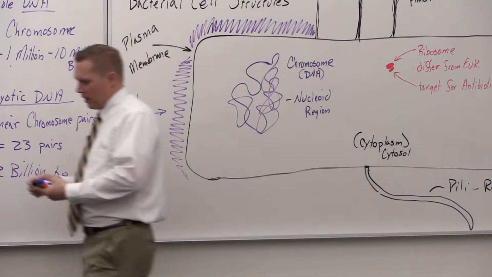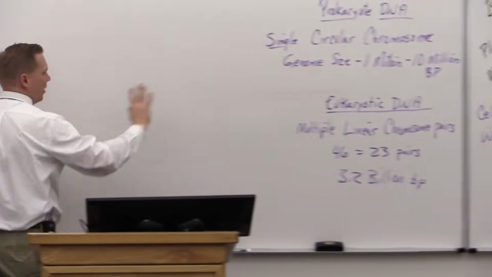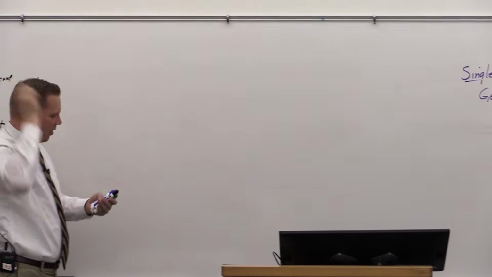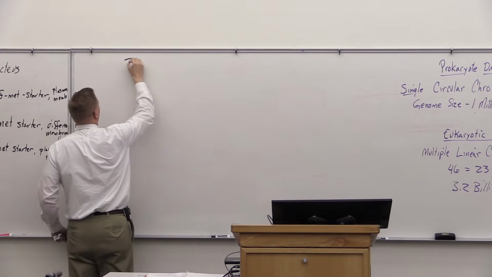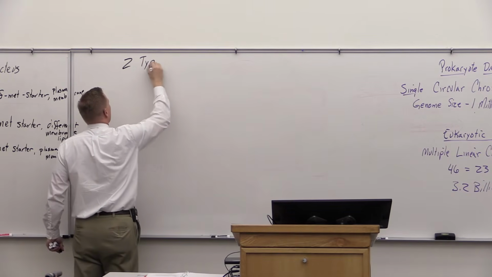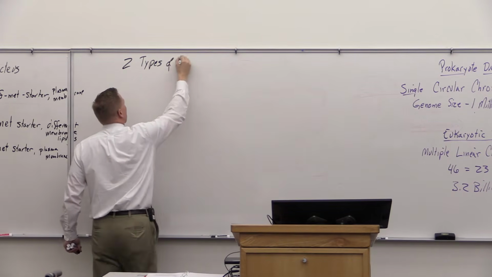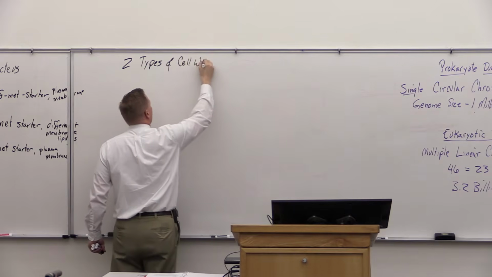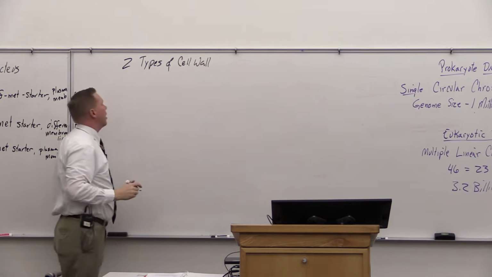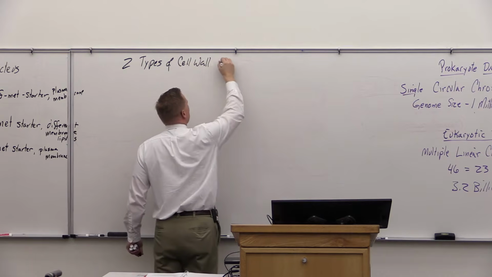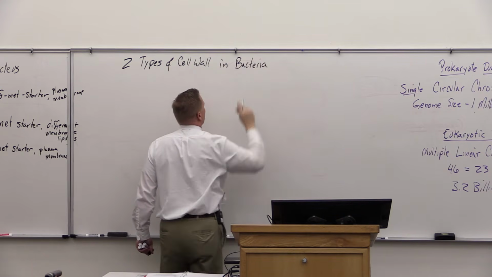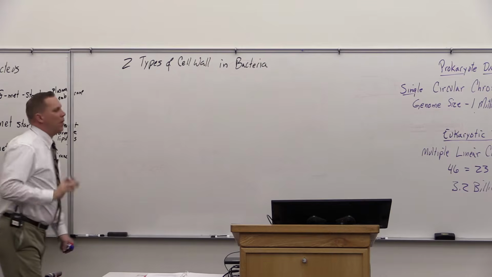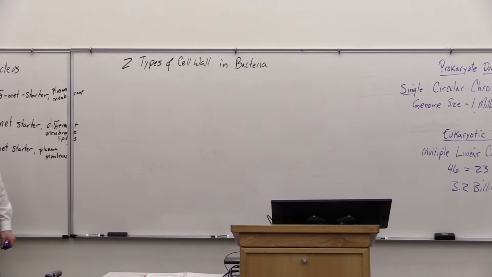And what I'd like to do is come over here and, as if we could magnify, it turns out that in prokaryotes, or bacteria, there are two types of cell wall. So you can take all bacteria and divide them into groups of related species based upon the type of cell wall that they have.